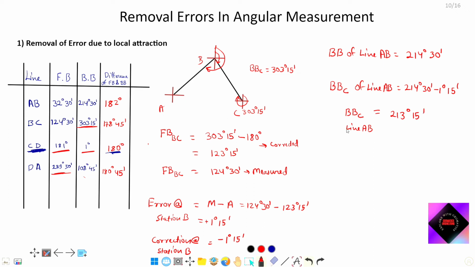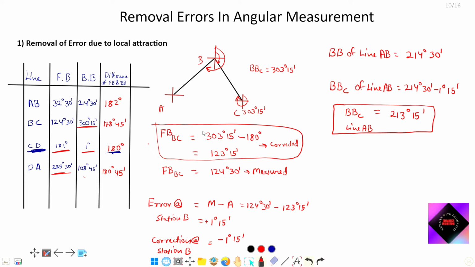Now I will use this corrected back bearing to calculate the fore bearing of line AB. I am underlining the corrected portions where I have calculated the corrected readings. The corrected reading we get by subtracting 180 degree from the back bearing.